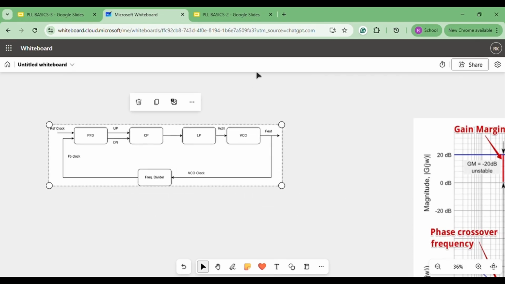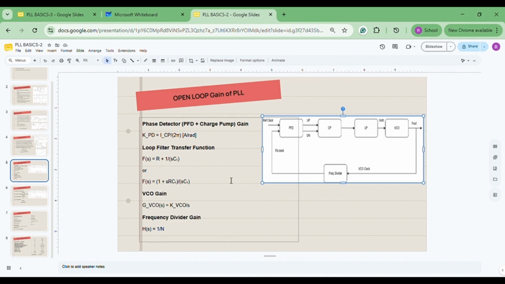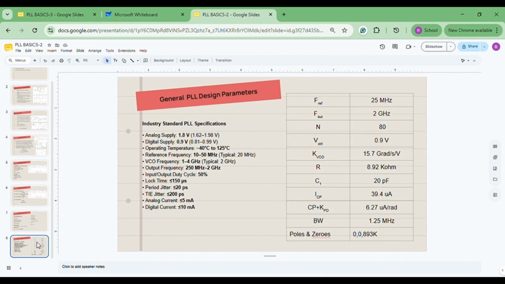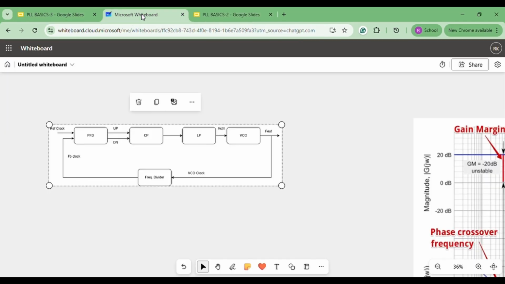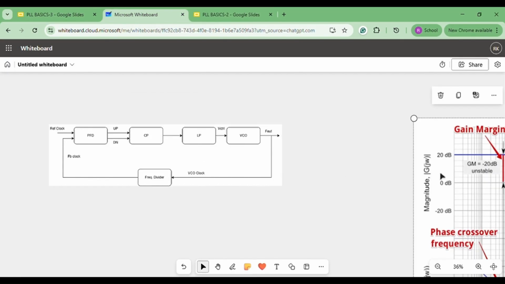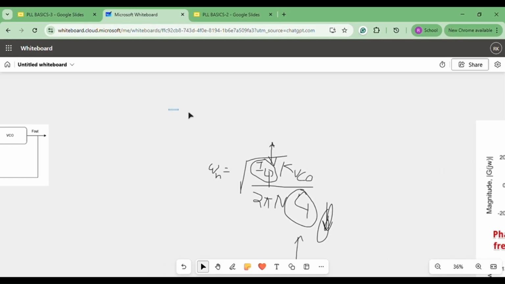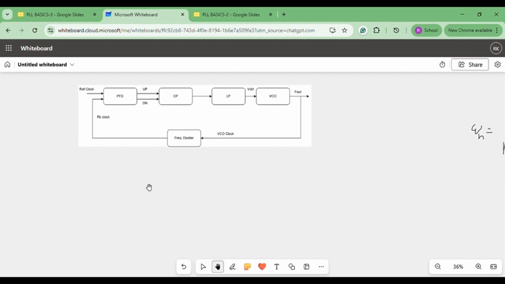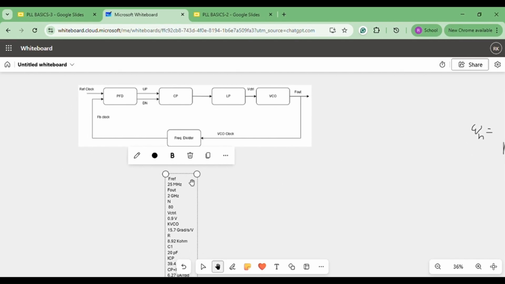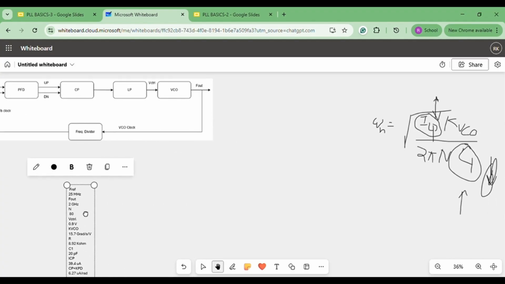So for which we have summarized some parameters. I will copy these things also. Sorry for this. Okay. So this was our PLL block, and these were the parameters which we have finalized.